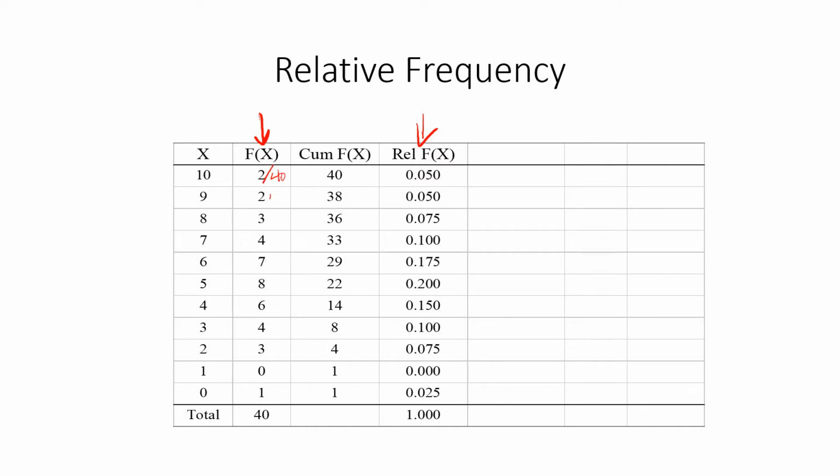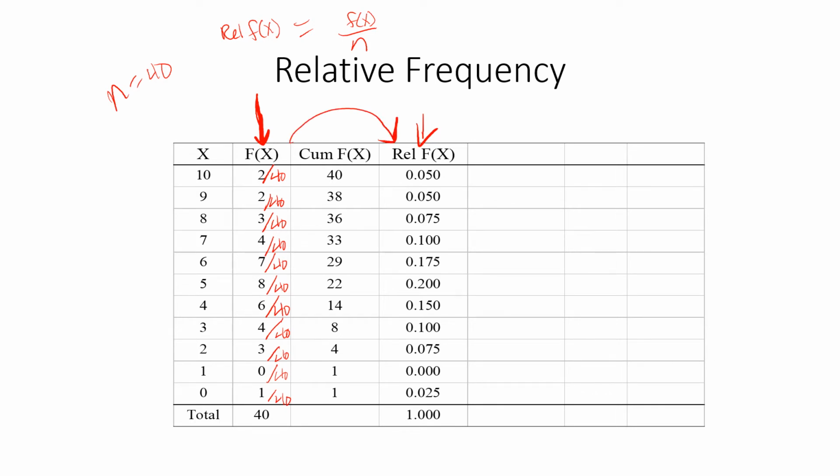So if we divide each of these by 40, again, 40 is our n equals 40, and relative frequency equals our f of x divided by n. This column right here is our f of x. We're just dividing each of these by n. And that gets us our relative f of x.